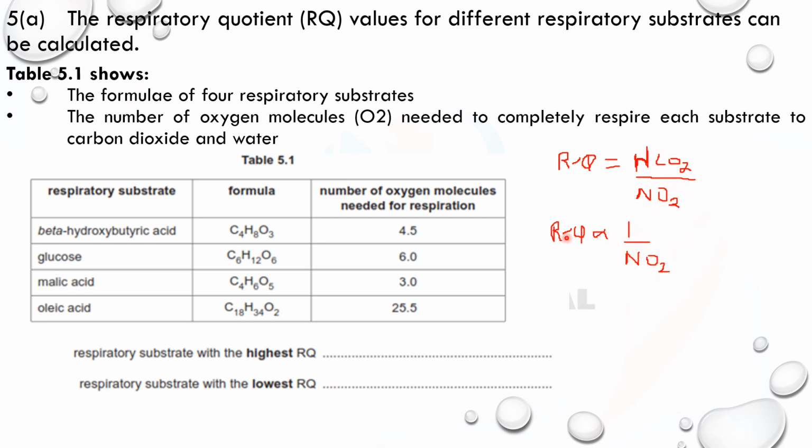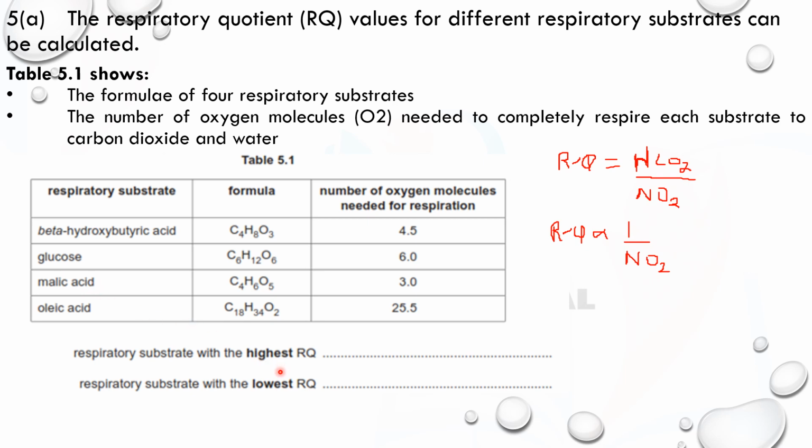value decreases. So they said the respiratory substrate with the highest RQ value will be the one with the lowest number of oxygen molecules needed, based on this relationship. And the one that should give us the highest RQ value is malic acid.